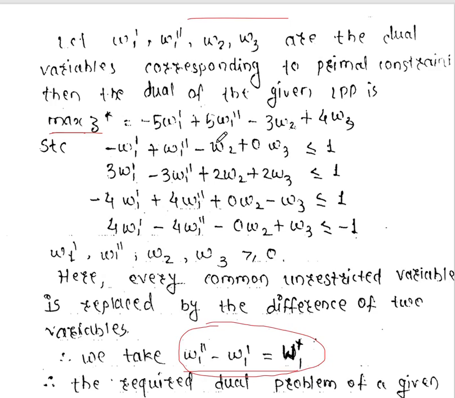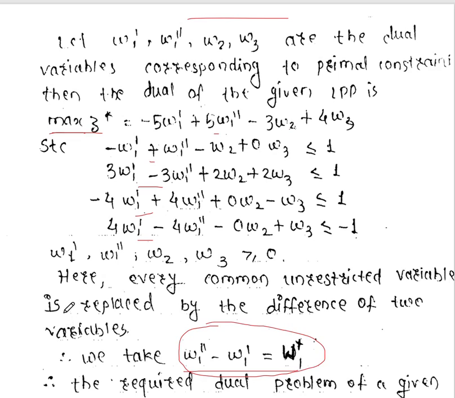If you take 5 common, you will get w1 double dash minus w1 dash as the common difference. So in this problem there is a difference between two variables, that is w1 double dash minus w1 dash. So let us take that difference as an unrestricted variable, capital W1 star.